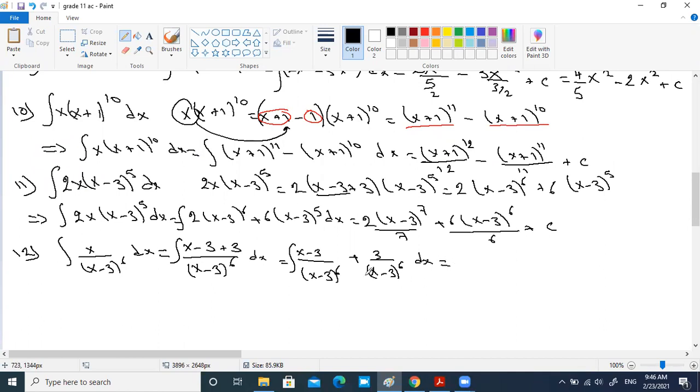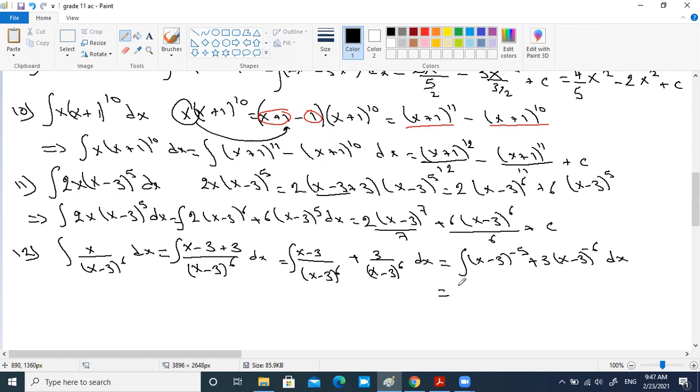Which is equal to, simplify, x minus 3 to the power 1 over x minus 3 to the power 6. So it is x minus 3 to the power negative 5, as 1 minus 6, يعني x minus 3 to the power negative 5. And this in the numerator will be x minus 3 to the power negative 5 plus 3 x minus 3 to the power negative 6 dx. Now add 1 and divide.